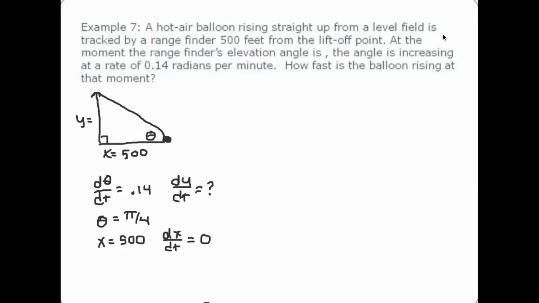So we're going to use good old SOHCAHTOA. In this instance, the pieces of the triangle we're looking at are opposite the angle and adjacent the angle. So the trig function that uses opposite and adjacent is tangent.